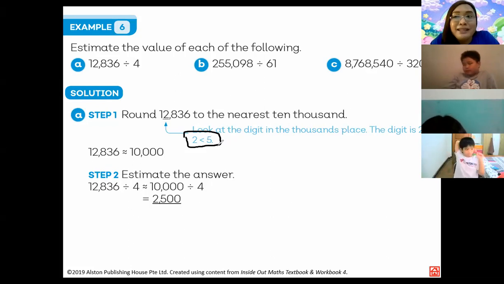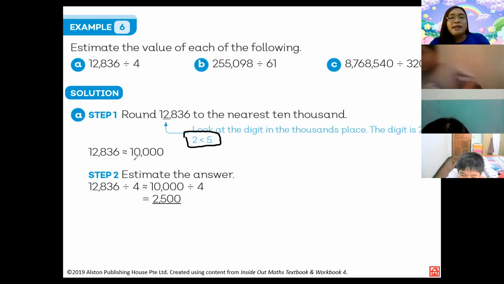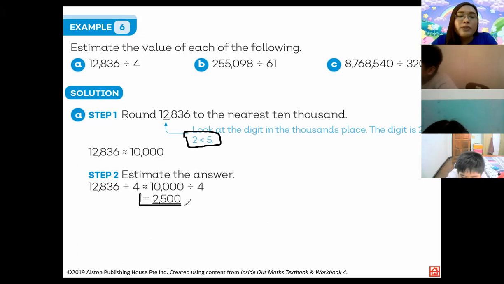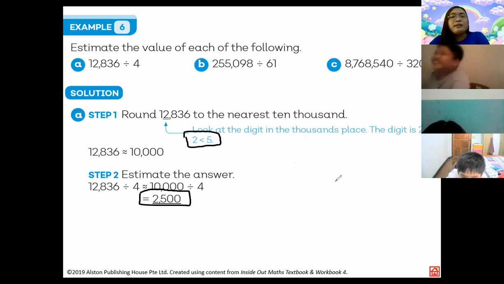So if we round off 12,836, that's going to be 10,000. Then step number 2, estimate the answer. We have the 4 already, so we divide 10,000 by 4, which is 2,500.